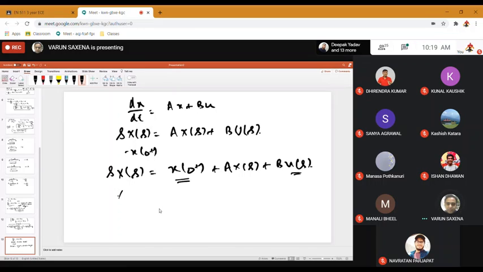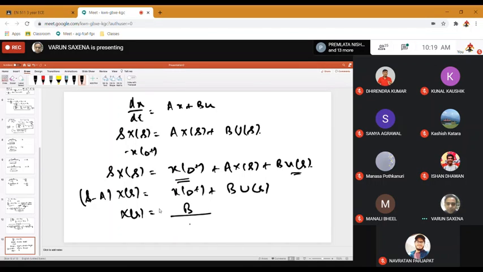So x of s is going to be basically 1 over s minus a times x 0, plus b over s minus a times u of s. So you can also see that this provides us a way to solve the problem.